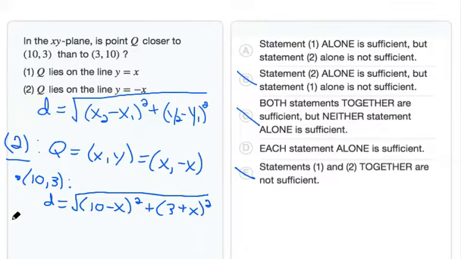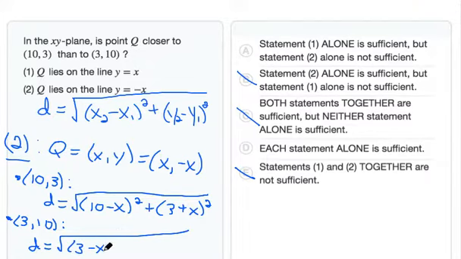Now let's do the same thing for the other point, 3, 10 from our question. Square root of 3 minus x squared plus 10 minus negative x, so 10 plus x squared, and all of that is still under the root.